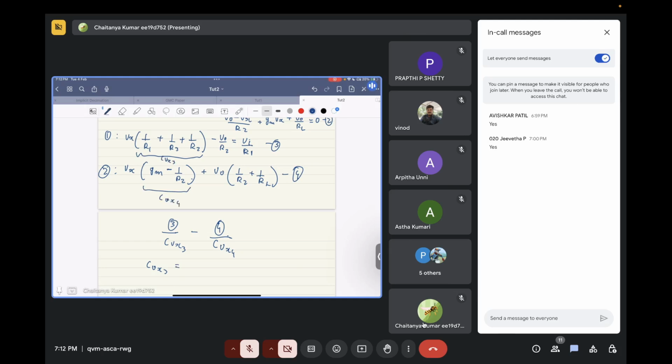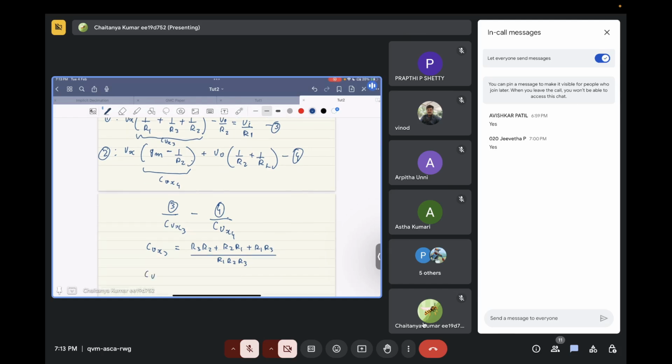So what is CVx3? We have (R3 R2 plus R2 R1 plus R1 R3) divided by R1 R2 R3. Correct?